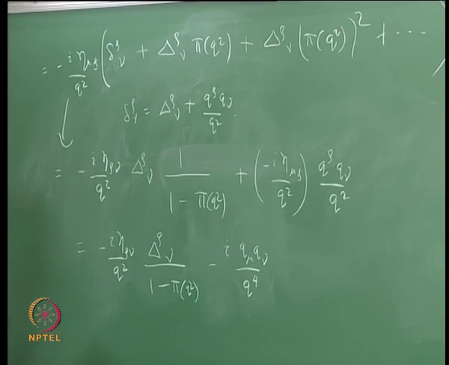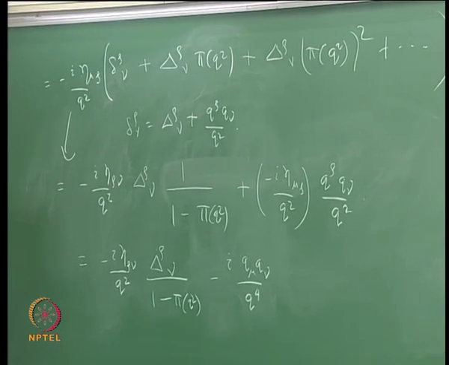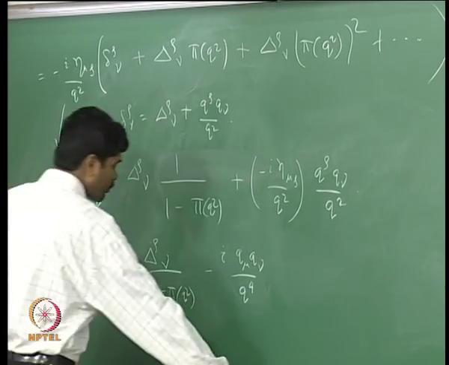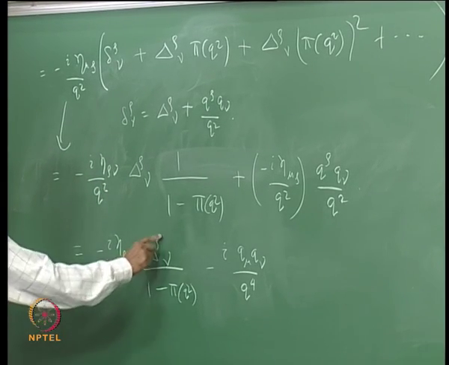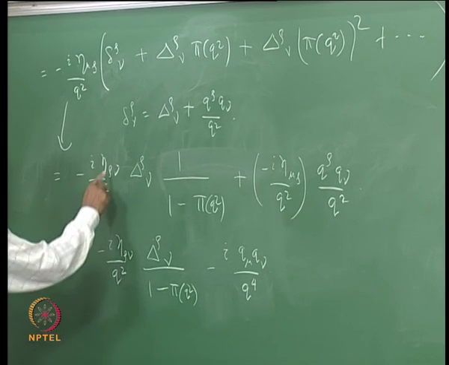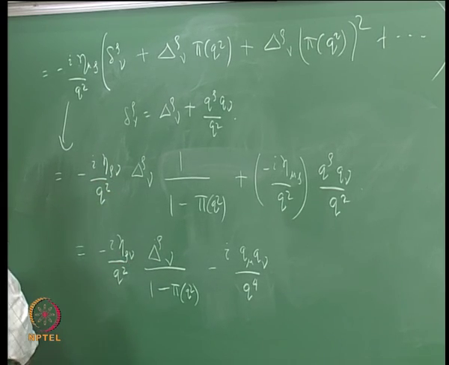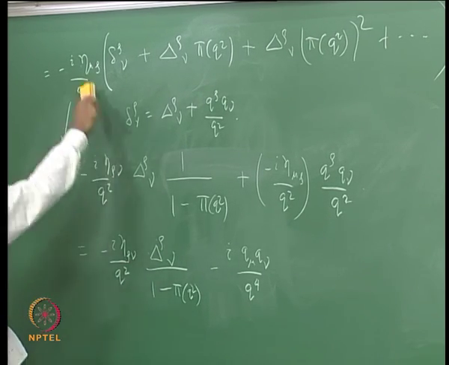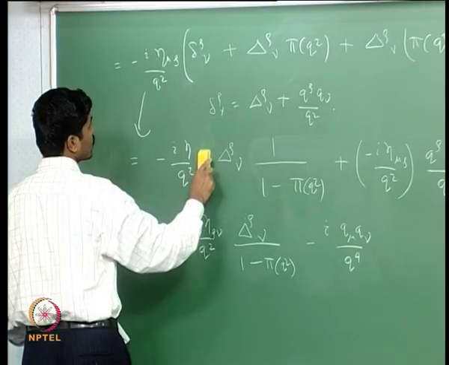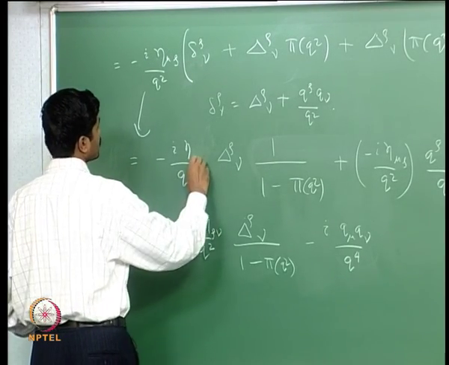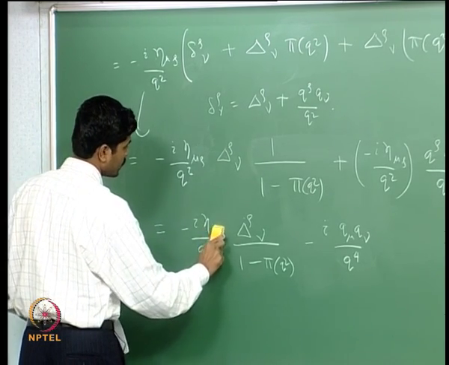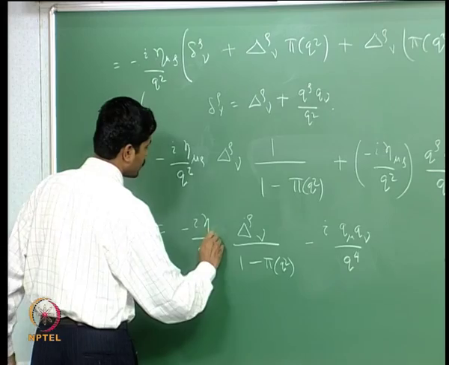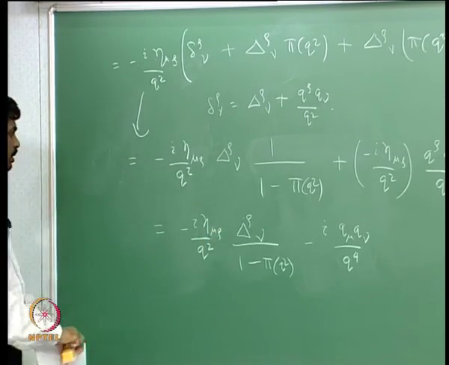This is what I am going to get. I can simplify this eta mu rho, sorry, it is eta mu rho, it is not eta rho nu, it is eta mu rho. So, I have an eta mu rho in this term.